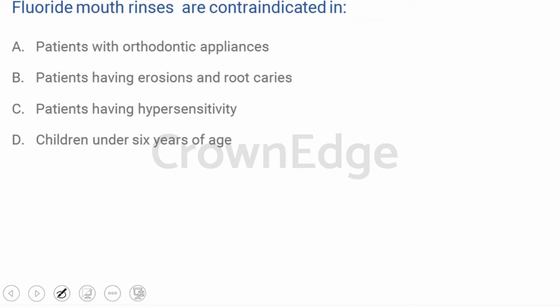Second thing, most of the children fancy this so much that their chances of ingestion and thereby having any effect on the gastrointestinal tract becomes higher. So fluoride mouth rinses are not indicated in children below 6 years of age. We do recommend fluoride mouth rinses for a child above 12 years. Okay, so that is a safe bet. It is better to recommend fluoride mouth rinses for a child above 12 years of age.